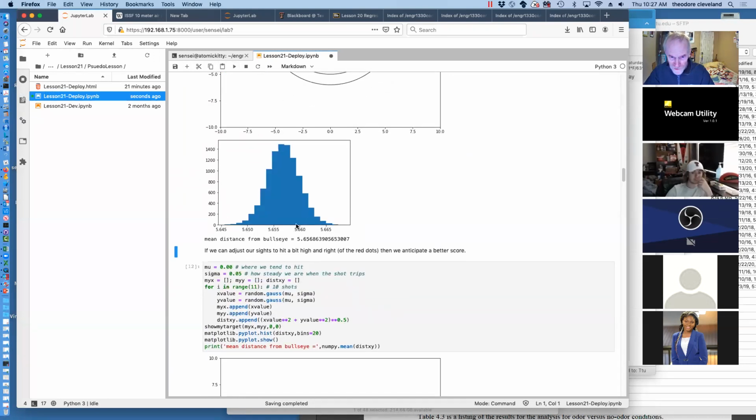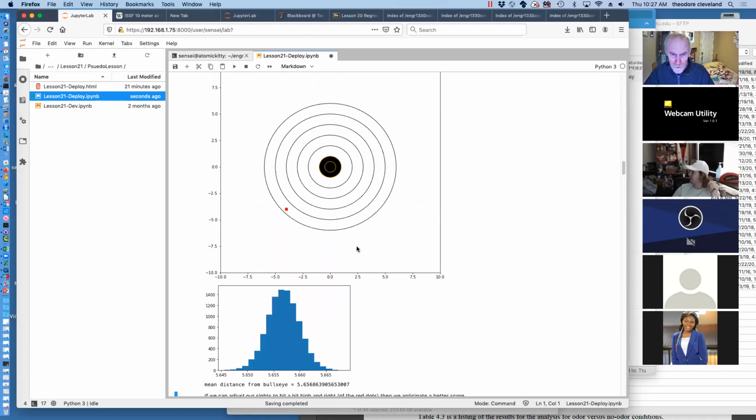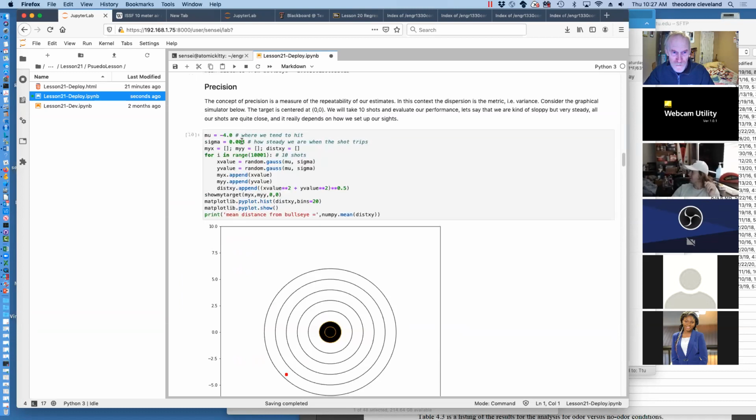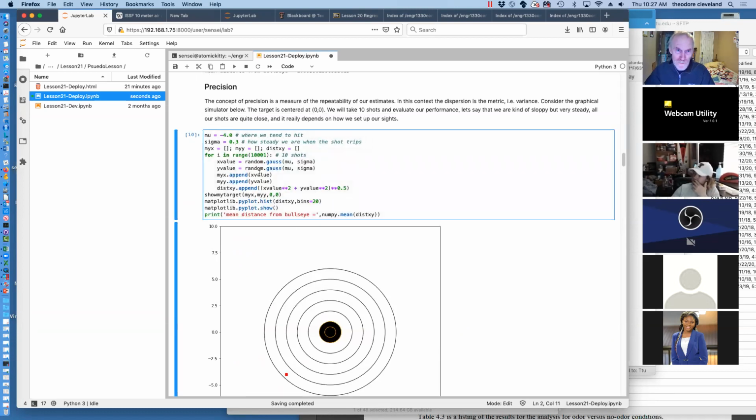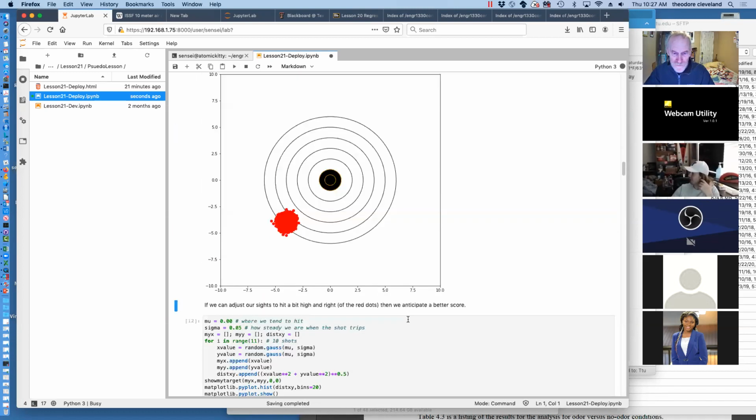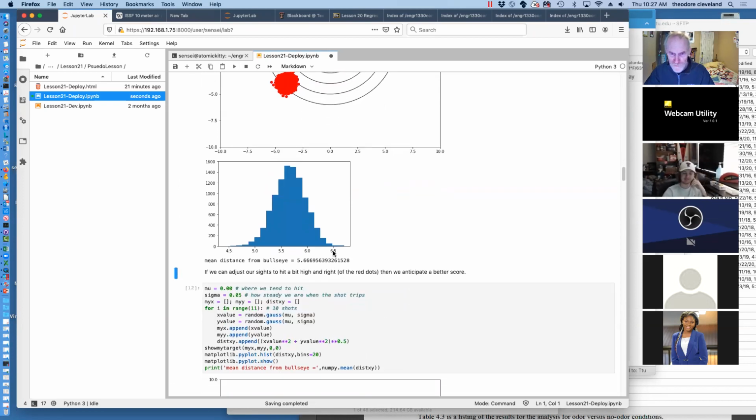If you look at the horizontal axis, 5.645, 5.66. And now we'll go back to our original precision, 4.5 to 6.5. So you can see the effective position of precision is to narrow down our range of errors. This histogram is representing errors, distance from the bullseye.